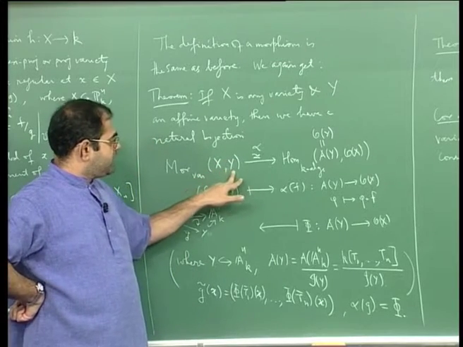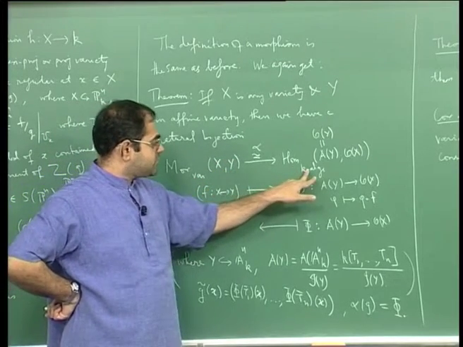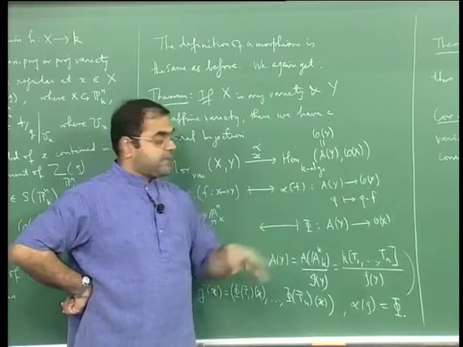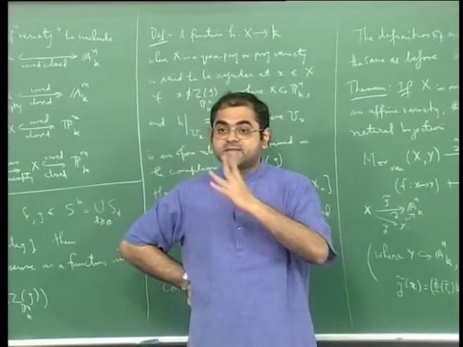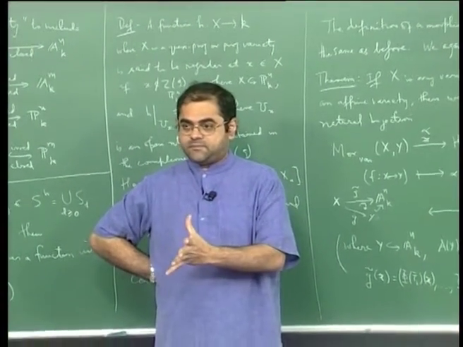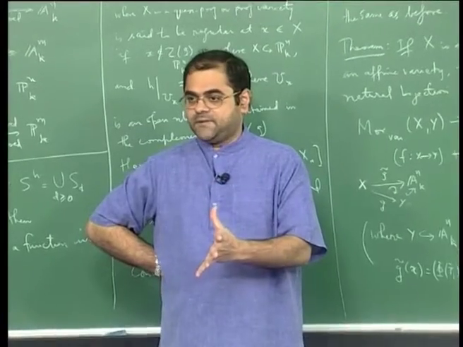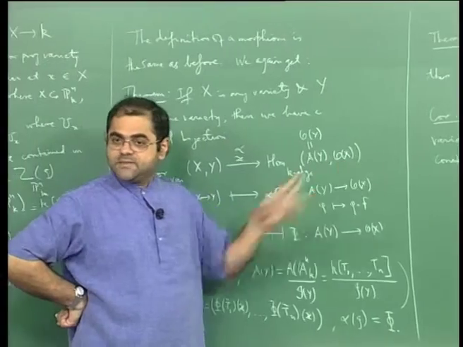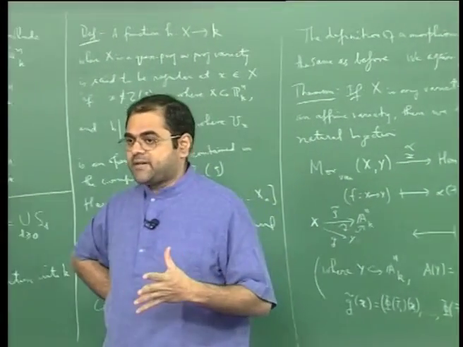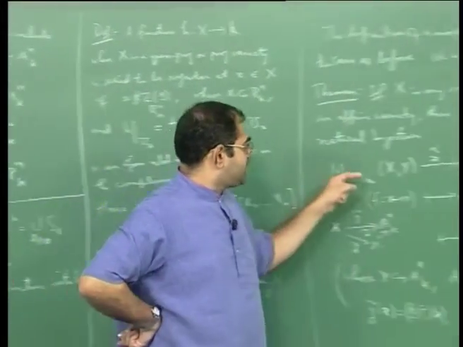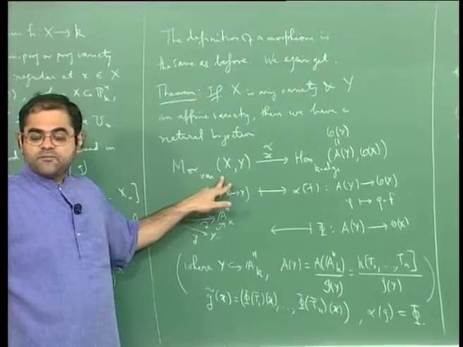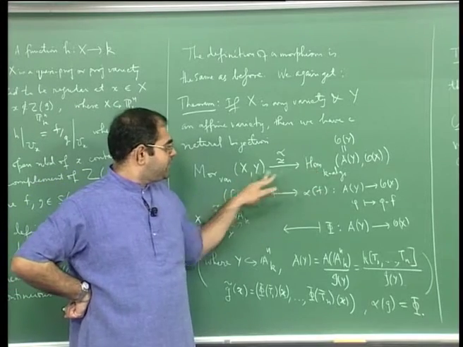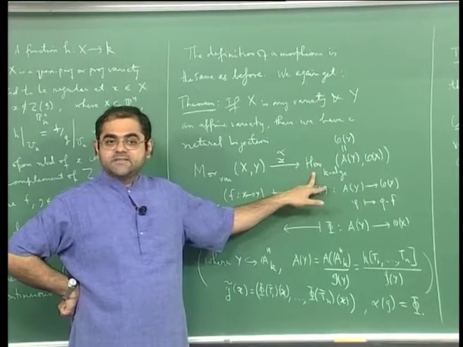morphisms from X to Y in bijection with homomorphisms of K-algebras from AY to K. But every K-algebra homomorphism from AY to K is surjective, because the image has to contain K. So its kernel will be a maximal ideal, and therefore the set of morphisms from X to Y is in one-to-one correspondence with the maximal ideals of AY.